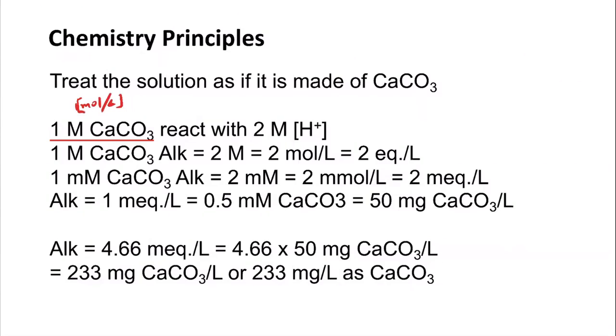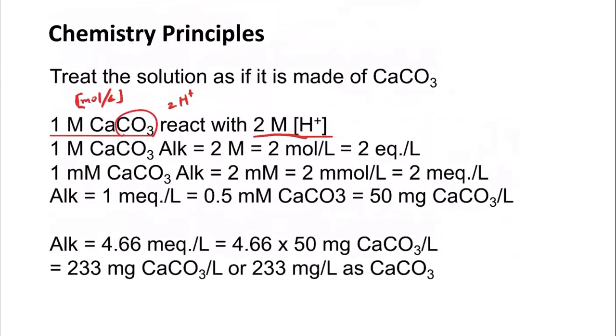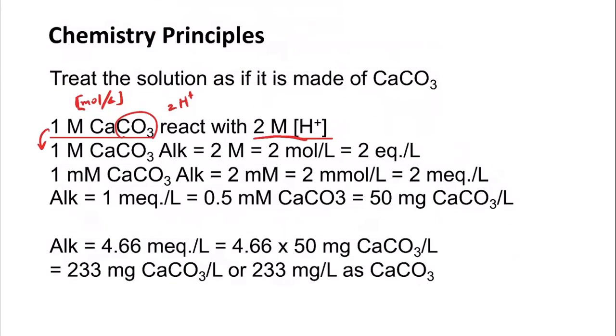For this solution, when it reacts with the hydrogen ions, it's going to react with 2 M of the hydrogen ion, because each carbonate ion is going to react with 2 hydrogen ions, okay? So because of that, its alkalinity is just going to be 2 M or 2 equivalent per liter, okay?